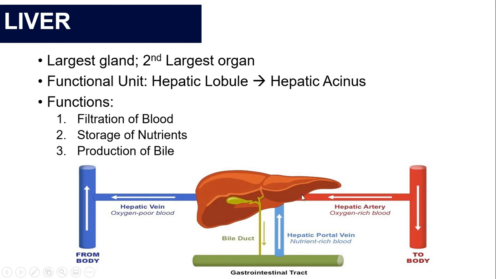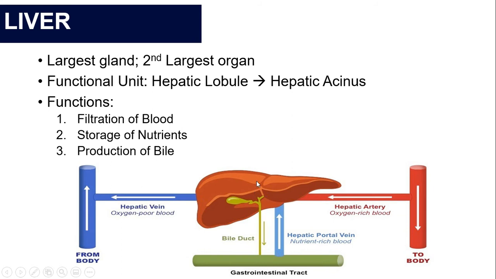When it reaches the liver, it will undergo filtration, and after that it will go towards your hepatic vein, and from the body it will go back again towards your heart. There is also blood that comes from the gastrointestinal tract. This blood from the gastrointestinal tract goes towards your hepatic portal vein. This hepatic portal vein contains blood that is rich with nutrients from the absorption of nutrients in your food.